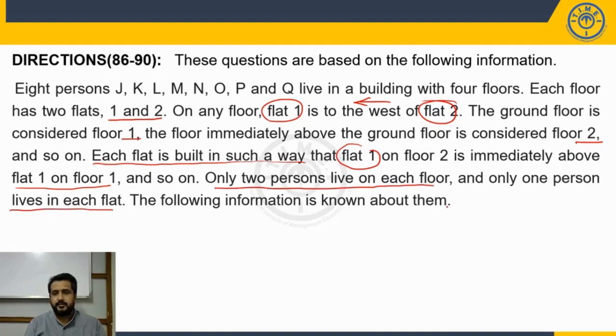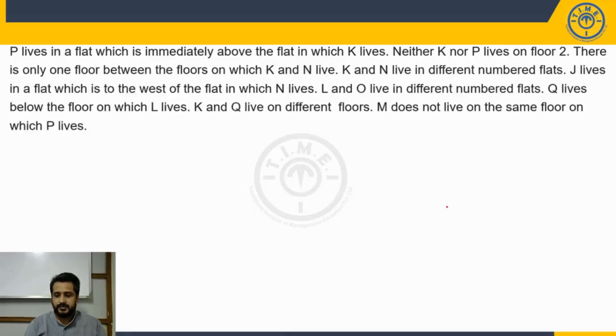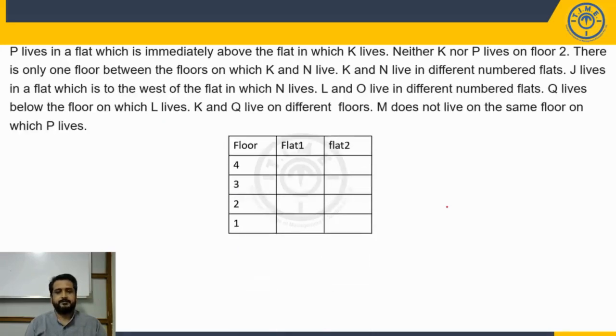The following information is known about them. Okay. So here is the information and basic structure: 4 floors and 2 flats. On any floor, flat 1 is to the west of flat 2. Now what is the first clue given? P lives in a flat which is immediately above the flat in which K lives.